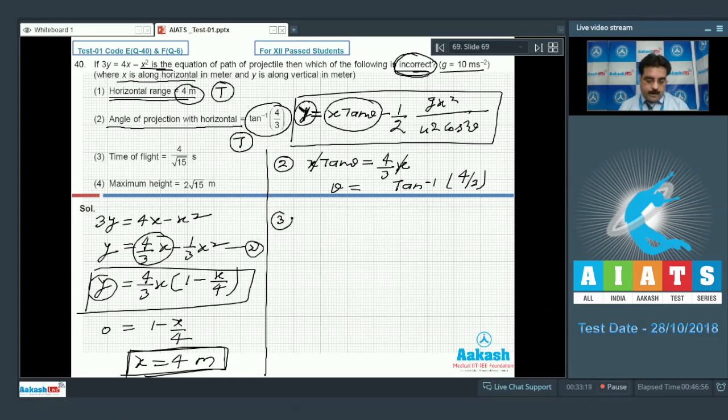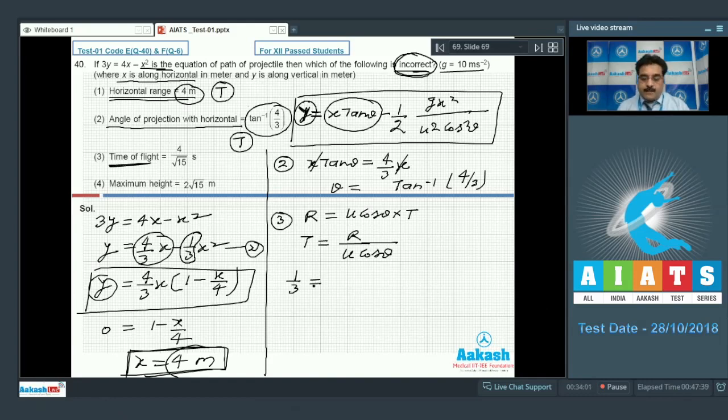That's why I am going to take option number 3, time of flight. In the case of horizontal range, I will write the horizontal component of velocity, u cos theta, into t. So if you are looking for the time of flight, you will write t equal to r upon u cos theta. I have the value of r, that is 4 meter, but I don't have any idea of u cos theta. So now you are looking to find the value of u cos theta. कैसे करेंगे? देखिए, the coefficient of x square in equation number 2 is 1 by 3, right?